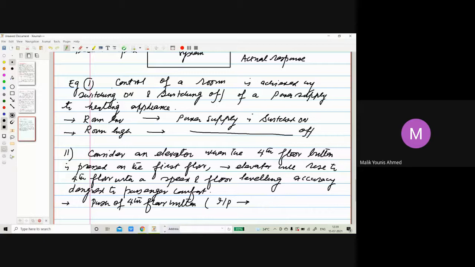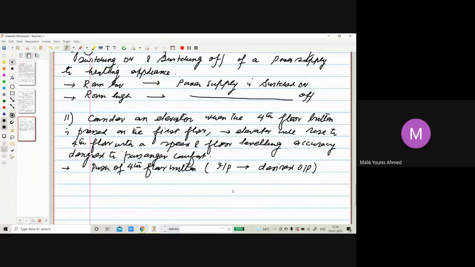Input representing desired output. यही है ना, इनपुट तो हम दे रहे हैं हाथ से, क्या बोल रहे हैं उसको इनपुट, भाई चौथे पे चला जा, मगर वही तो हमें जाना है जो हम इनपुट दे रहे हैं. In other words, output, desired output भी तो वही है. The output is the same thing, that we have to go to the floor number 4. That is what we are expecting. Giving input on the first floor, that you go to the fourth floor, pressing a button is our desired output.